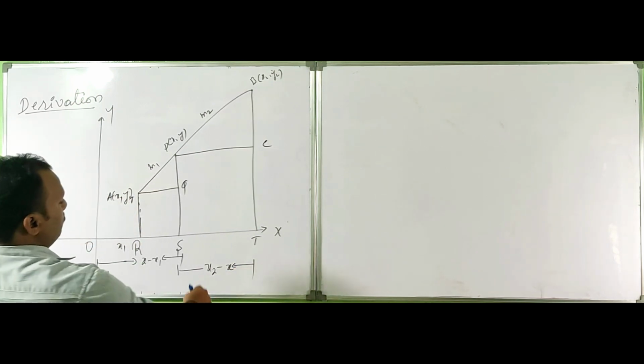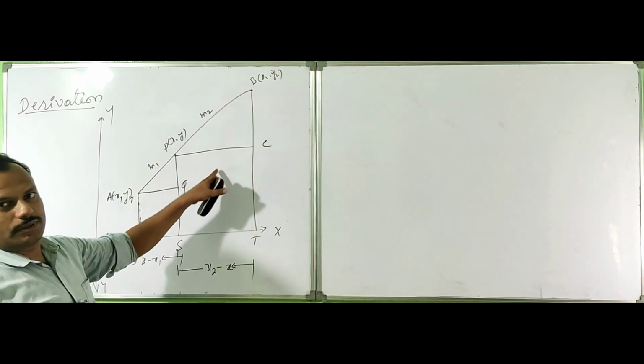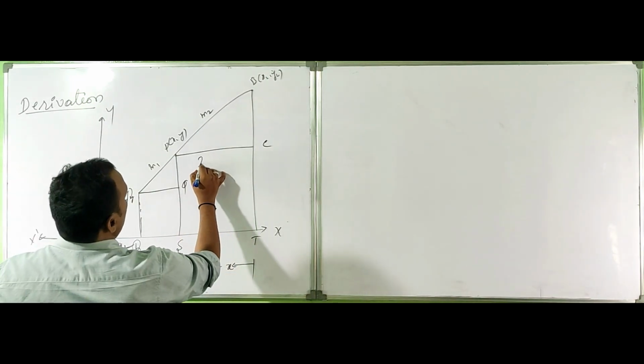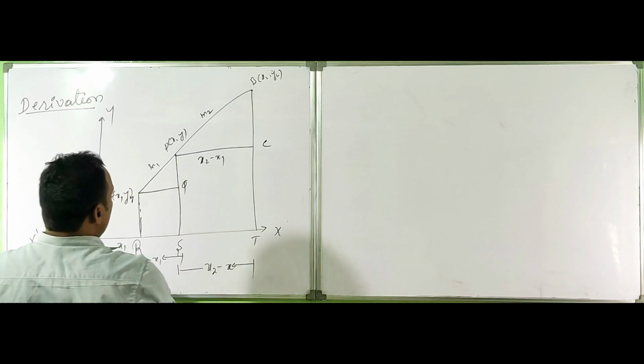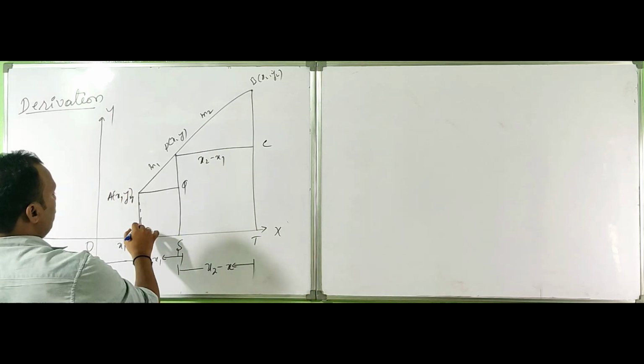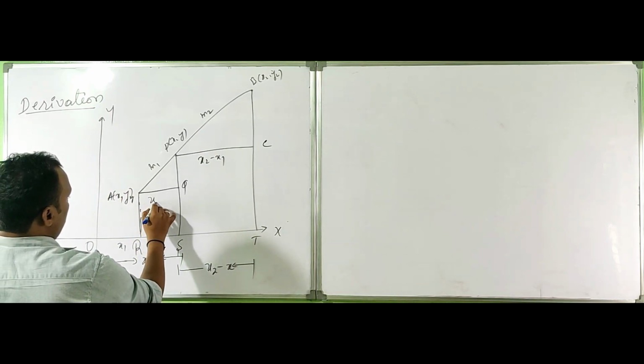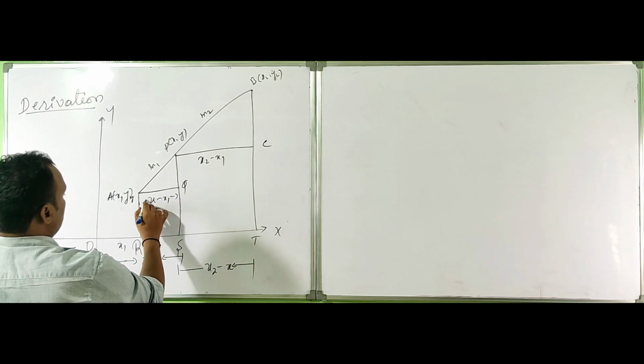Okay, so simple. This line x is parallel to PC. This also becomes x2 minus x1, and this line is parallel to AQ. This becomes x minus x1, right?